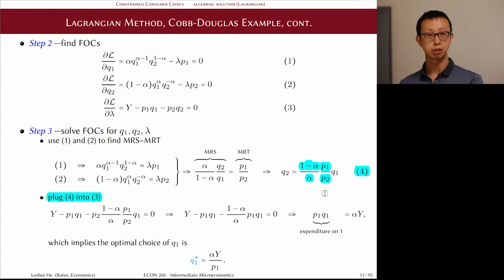All the points along that curve will satisfy the tangent condition. And this is why we need to use equation 4 together with equation 3, which is our budget constraint, to find the unique combination of Q1, Q2 that satisfies the tangent condition and the budget constraint simultaneously. This observation is generally true regardless of the choice of the utility function.